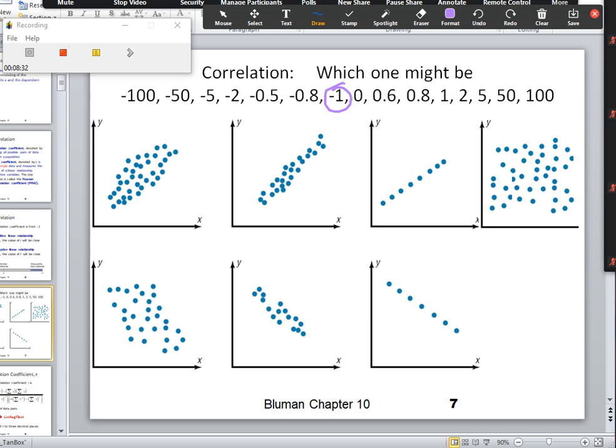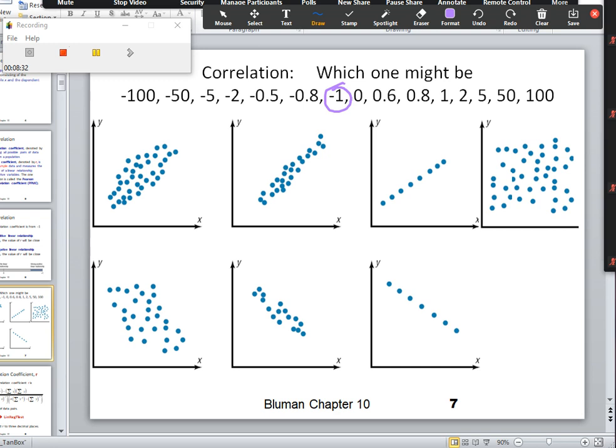A perfect line with a positive slope is a correlation of 1. So this is your 1. A perfect line with a negative slope would be a -1, and if you have no correlation whatsoever, just a big giant blob, a circle, it's 0.